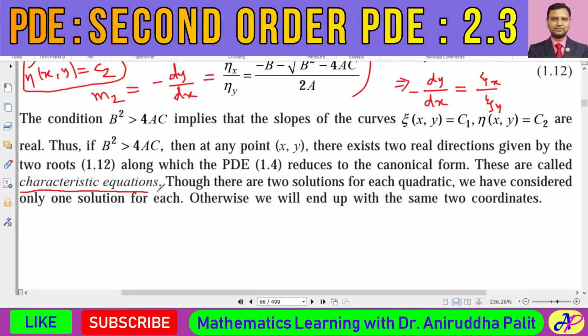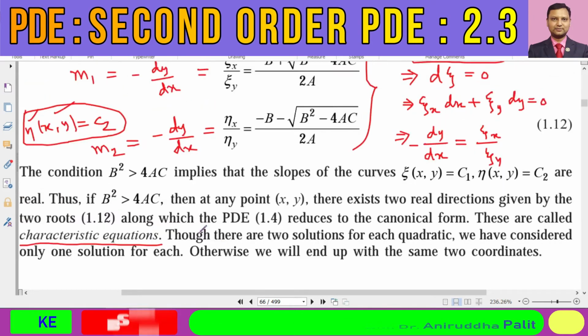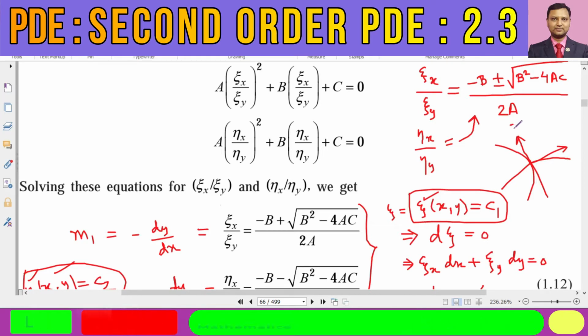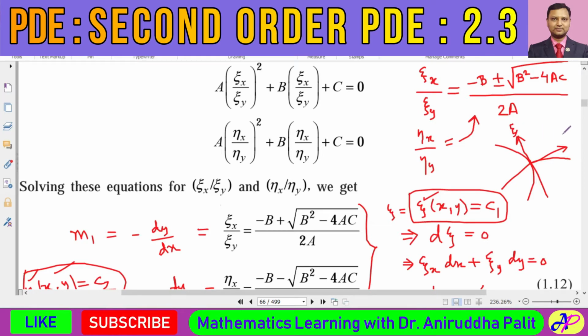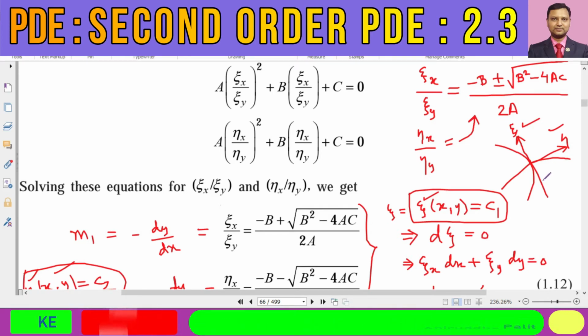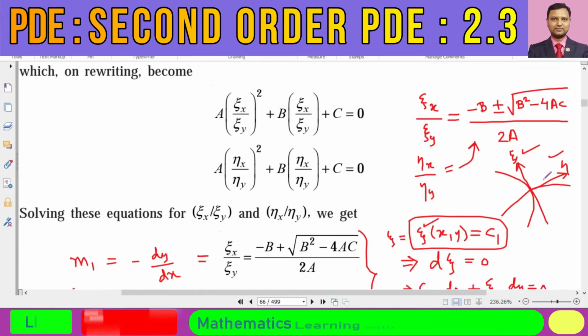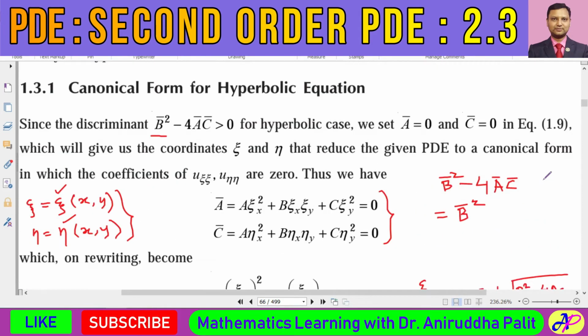Along these two directions, maybe this is the direction of xi, and maybe this is the direction of eta, if you choose the coordinate axes along them, then with respect to these two coordinates the given partial differential equation is converted into the canonical form of the hyperbolic partial differential equation. That is the basic idea over here.